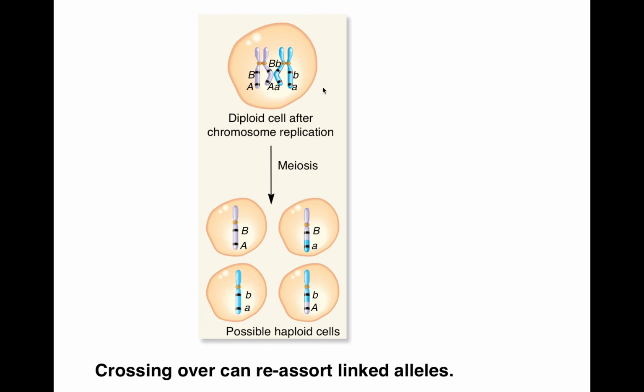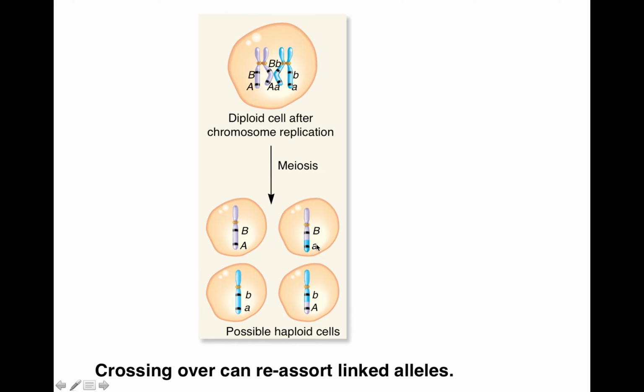The haploid cells contain the same combination of alleles as the original chromosomes, because they're linked and they haven't been altered. Now, what if we do get crossing over in between the A and the B genes? After crossing over, then we can end up with different combinations of alleles than what was present in the parent. We still have chromosomes that have the same combination, the 2 dominant alleles on one chromosome and the 2 recessive alleles on a chromosome, but we also get a recombination of that.